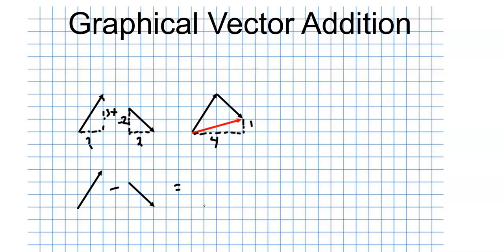And that's going to essentially mean when you're adding them, okay, this one will stay the same. But this one is going to reverse directions by 180 degrees. So in other words, right now it's to the right 2 and down 2. And what we're going to have to do is make it go the opposite of that, which would be up 2 and to the left 2. So that's how I would represent that.